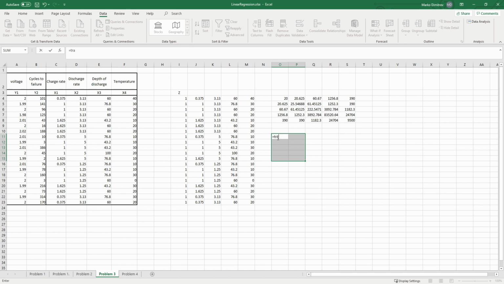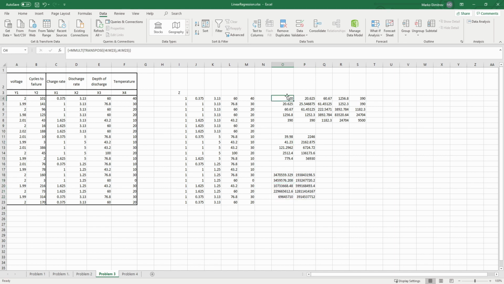This is for our transposed Z, and so I need matrix multiplication and our y's, right? So this is what we get, and in the end, again, our 10 unknown parameters are going to be the multiplication of this and this, which is pretty much the same as what we did so far.